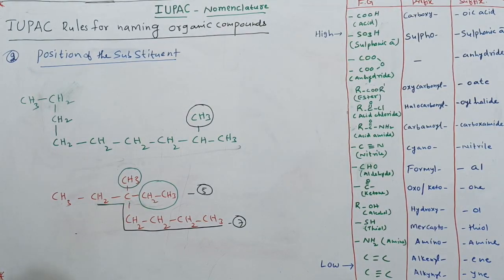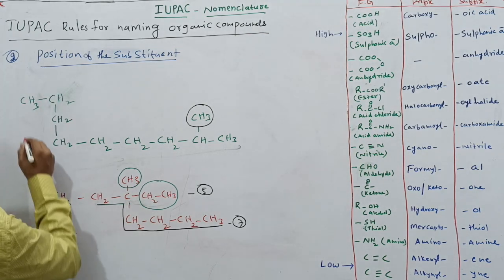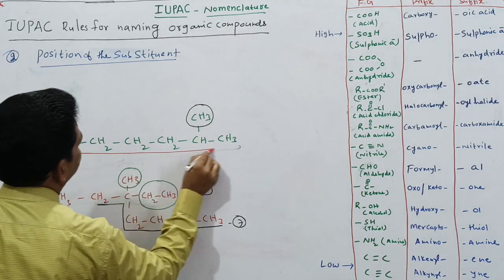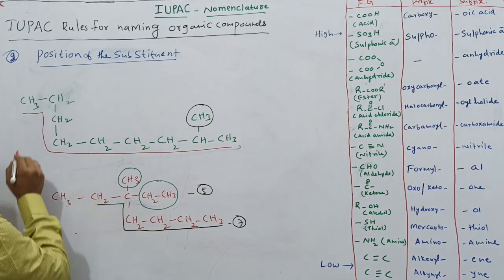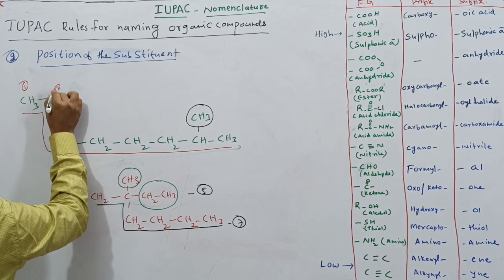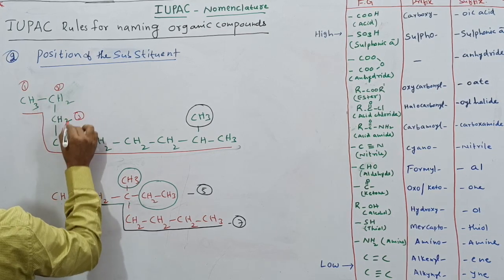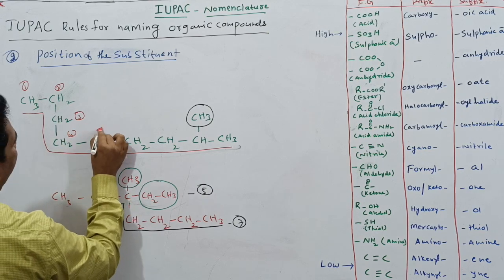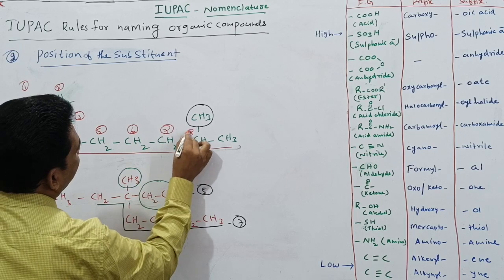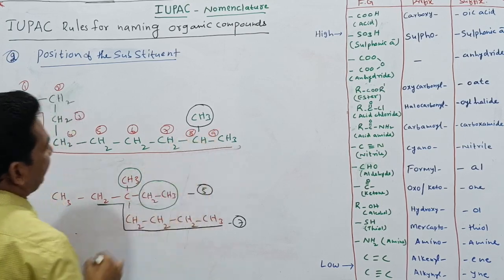Here I will give the numbering in two ways. Initially, we know that this is the longest chain. Then I will give the numbering from here: 1, 2, 3, 4, 5, 6, 7, 8, 9.